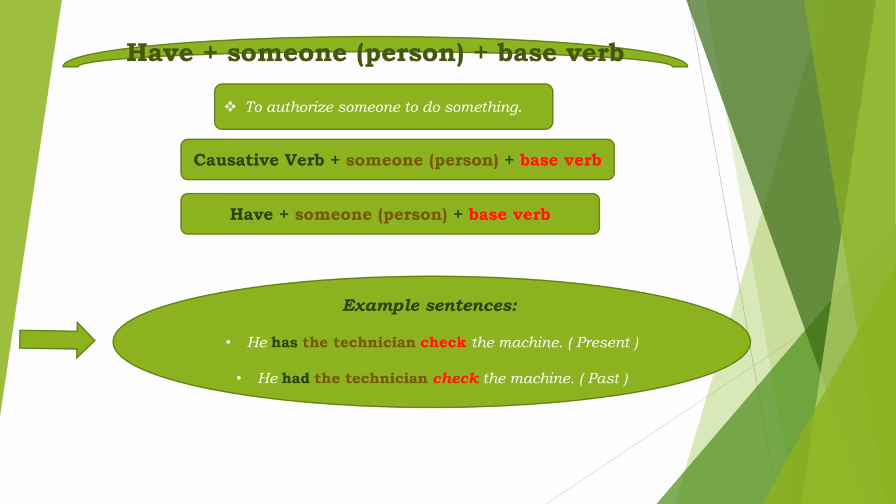Now here, he has authorized the technician to check the machine for him. Or we can say, he has given the responsibility of checking the machine to the technician. So he is causing another person to check the machine for him. He is not doing this action by himself.